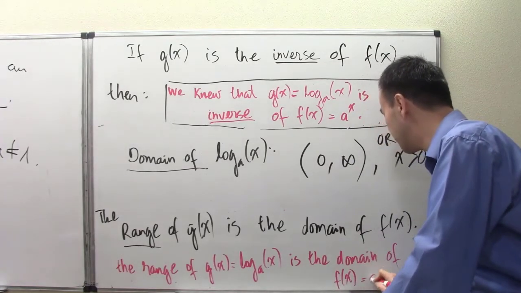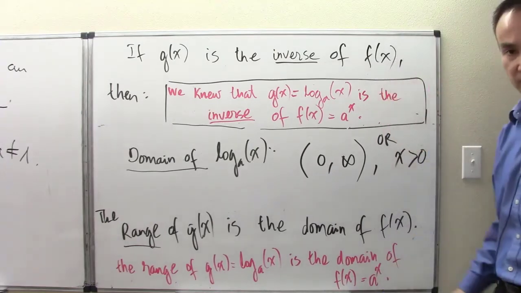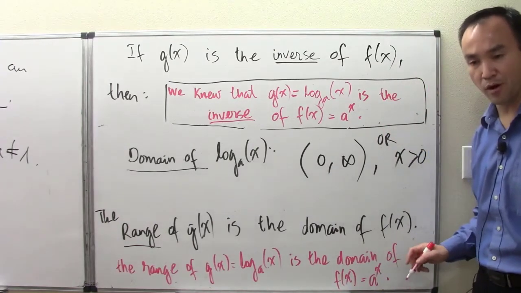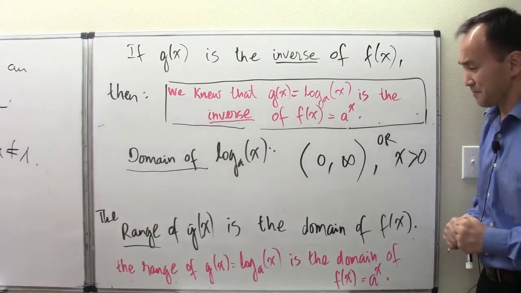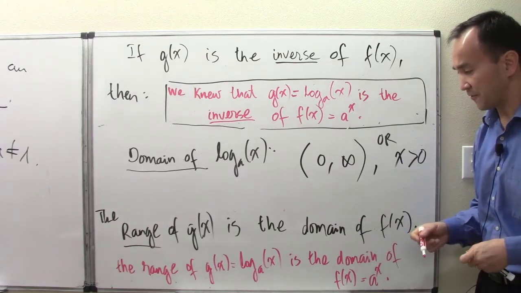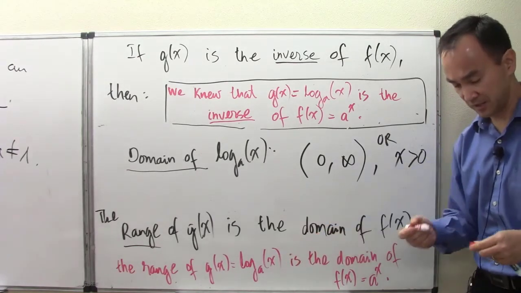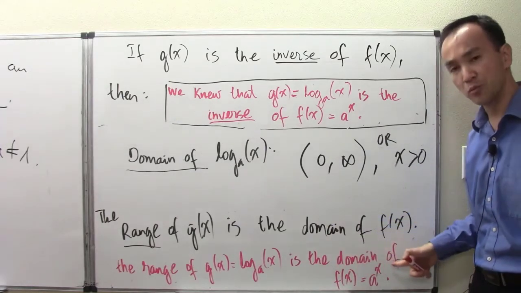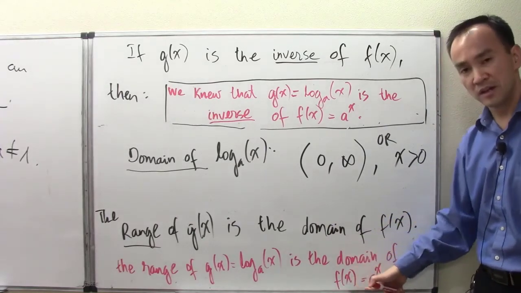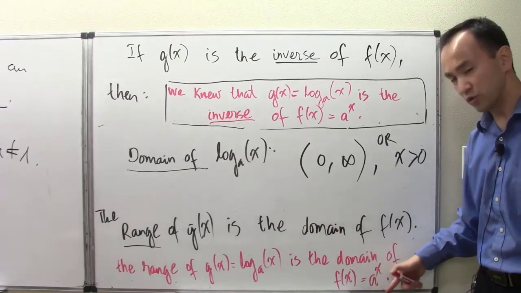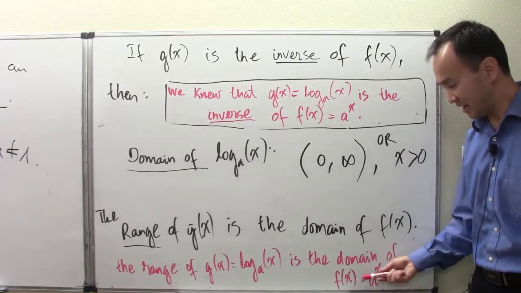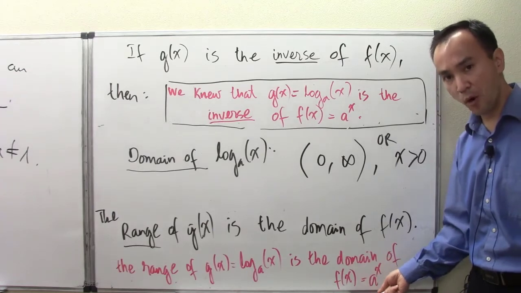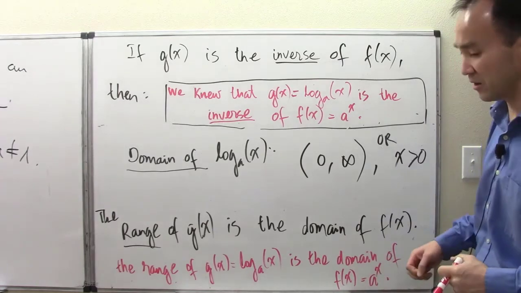That was defined as a to the x. This is another important understanding. So the range of a function g of x that's defined as a simple log base a of x must be strictly the domain of that simple exponential function f of x equals a to the x. And this is in red ink right here, important understanding, important information.